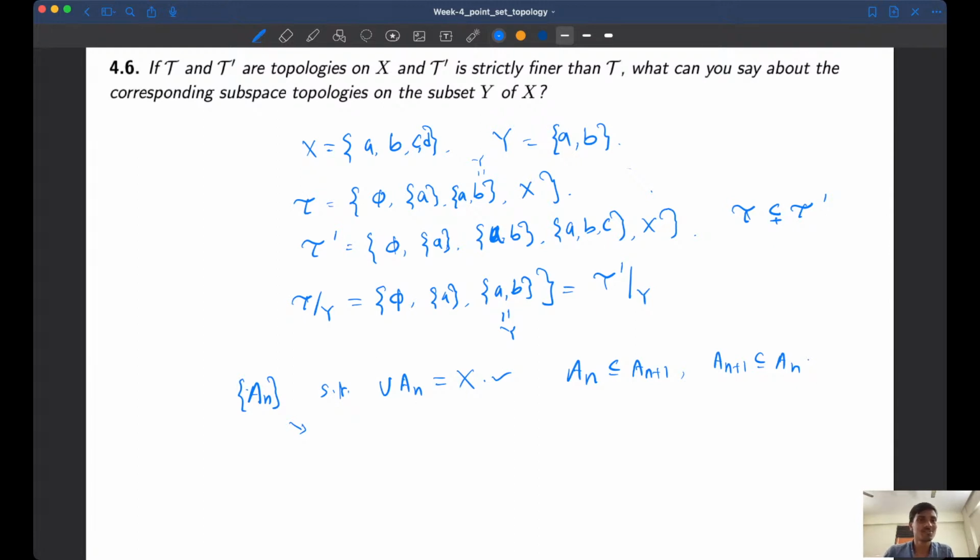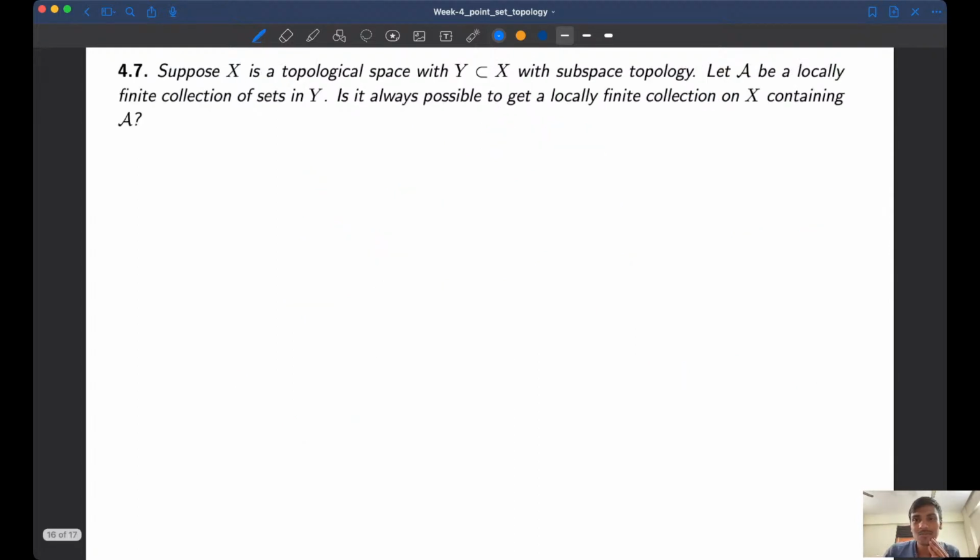This is related again to locally finite collections. Suppose you have a topological space X with Y as a subspace with the subspace topology, and a locally finite collection A of sets in Y is given. Can you always get a locally finite collection on X which contains this given collection A?